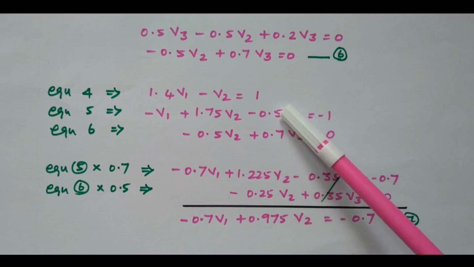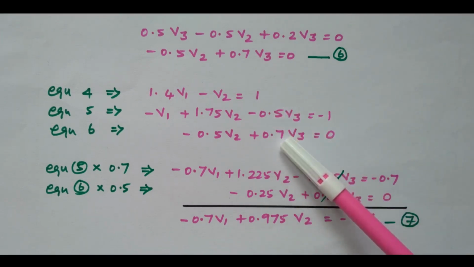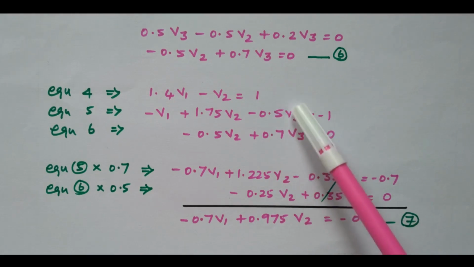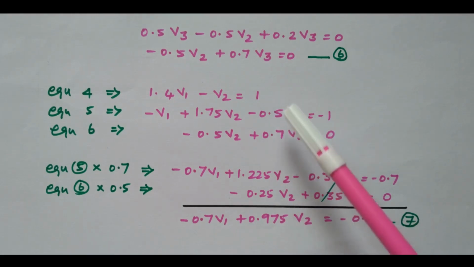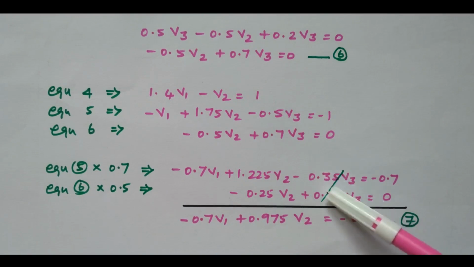This equation is multiplied by 0.7 and this equation is multiplied by 0.5, so that we'll get the same coefficient 0.35. In order to cancel this V3, 0.7 is multiplied with equation 5 and 0.5 is multiplied with equation 6, so that we'll get the same magnitude, same coefficient in V3.